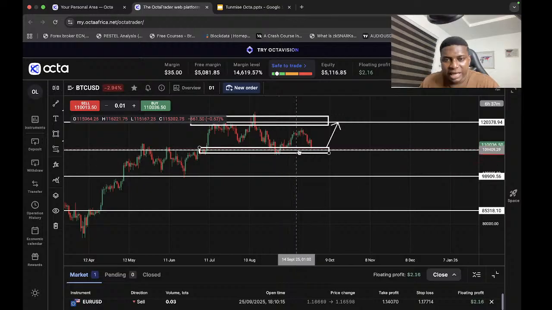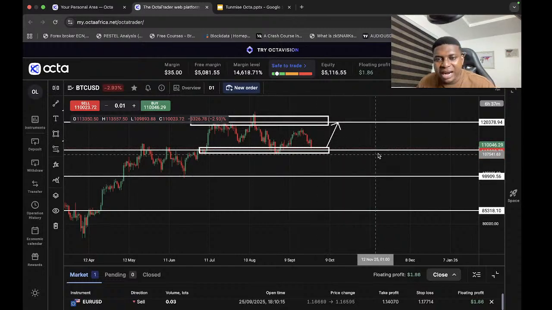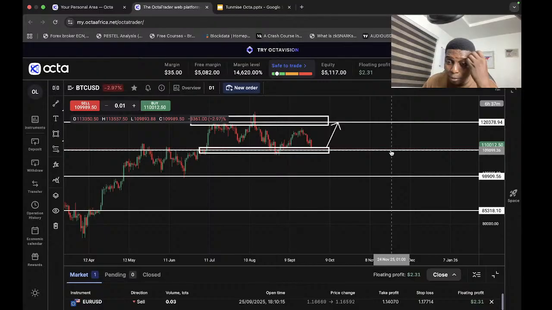But however, if there is a further breakdown in price, then the next level is that price will come and touch 98k. But currently price would most likely touch the 109k mark.